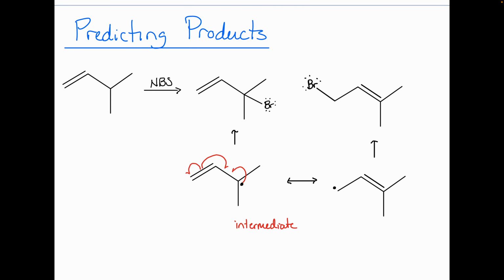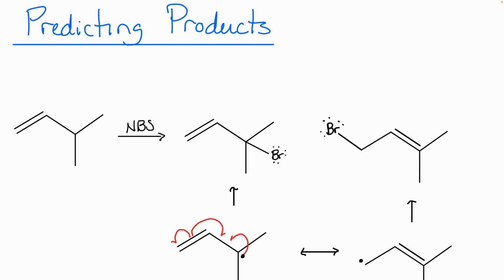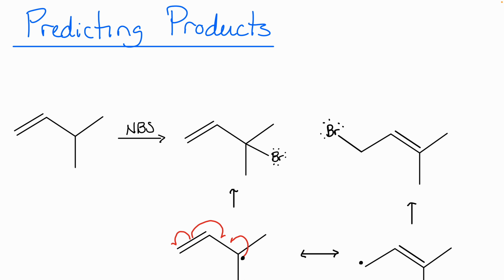All right, and so when we do this reaction with this alkene and hitting it with NBS here, we're going to get a mixture of these two products. And to be clear, that first product is when I brominate my original allylic position.